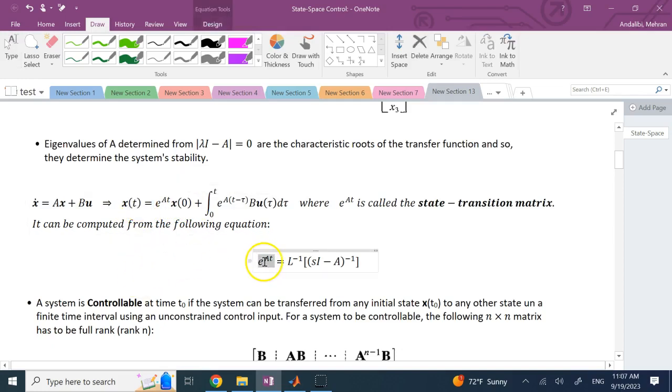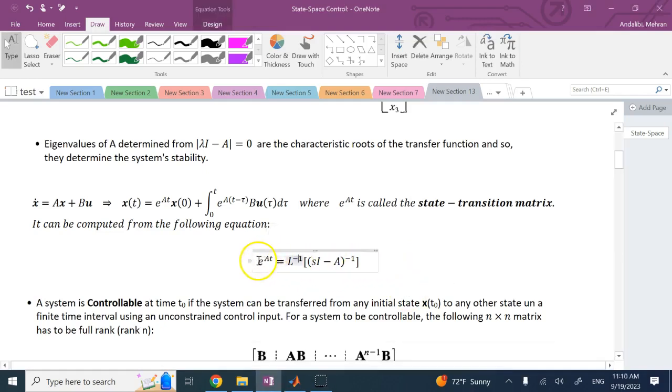One simple way to get this e to the At is the Laplace inverse of (sI minus A) inverse. That is going to be e to the At. There are other ways, like the Cayley-Hamilton theorem and other methods of expanding it based on determinants, for calculating e to the At.